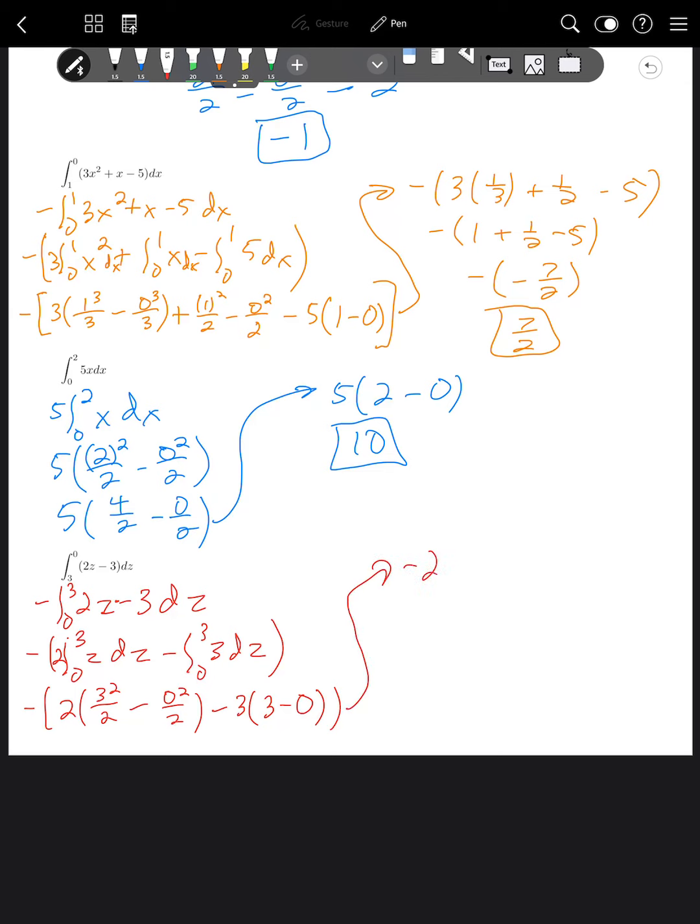So this is the negative of 2 times 9/2, since squaring the 3 gives 9/2, minus 3 times 3. So that's 9 minus 9. So this ends up being the opposite of 0, which is 0.